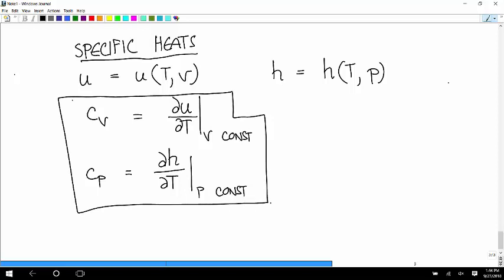So what that says is that CV changes as the specific volume changes, and CP changes as the pressure changes.